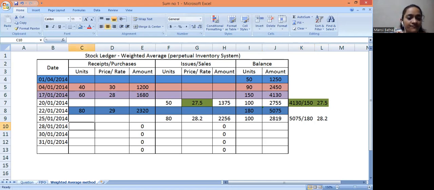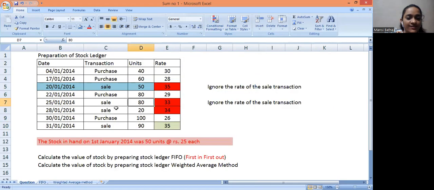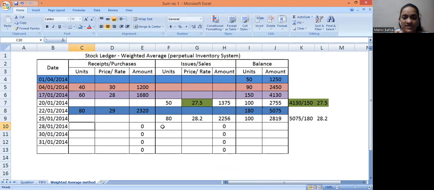After that, the next transaction is on 28th of January, where you have sold another 20 units. So again, you have a sale transaction where you're going to sell 20 units. The rate will remain the same because you have not purchased anything, so the rate will not change. You can use the same rate.